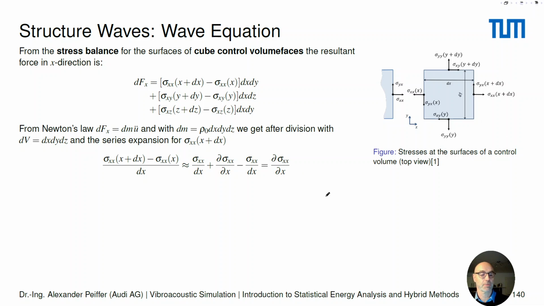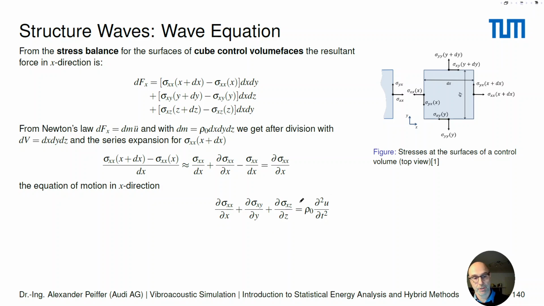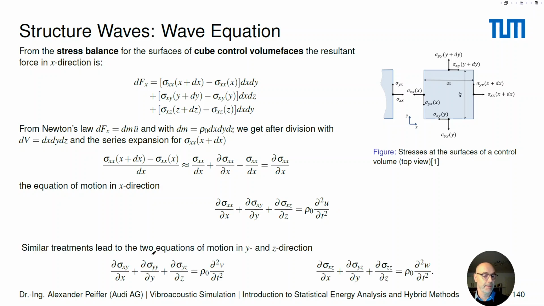If we add all the forces up, we get the following expression. So the change of stress with respect to x, y, and z for the normal and the related shear stresses gives the acceleration of a mass element in x direction. And the same can be done for the other two directions, leading to further expressions. Good. So far so good.